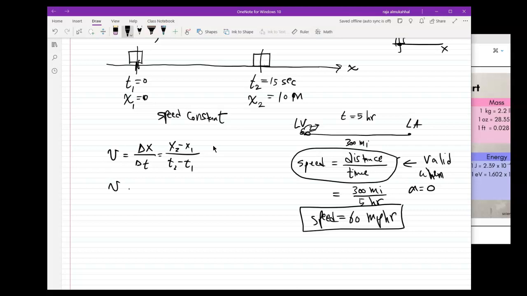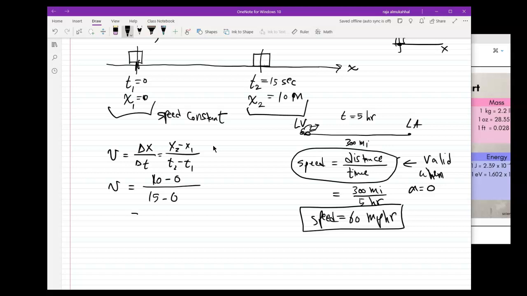So what that means, velocity, or my speed here, so I go back to the notation that I have created right there. If I plug in all of that, I have x2, which is 10, minus 0, divided by t2, which is 15, minus 0.